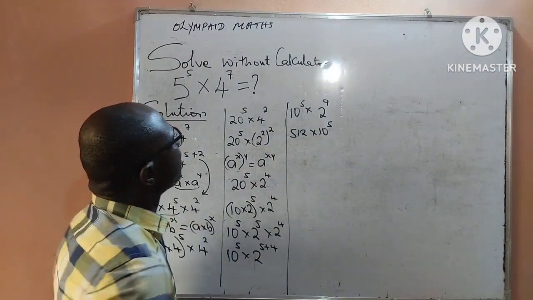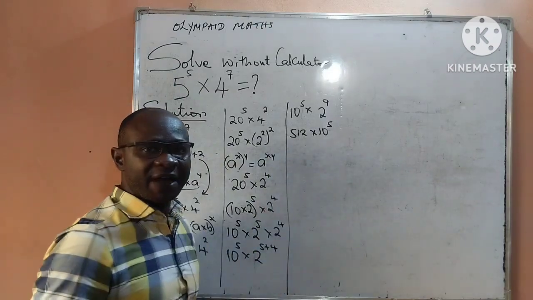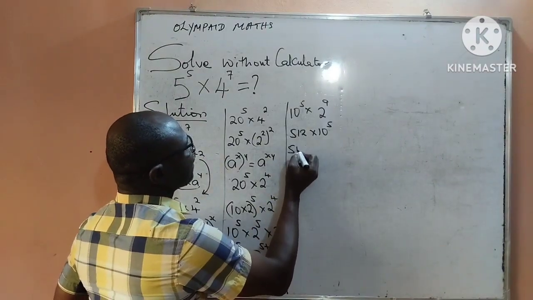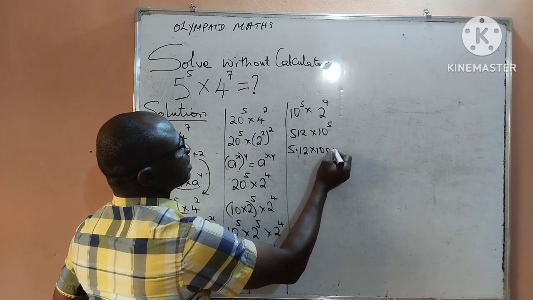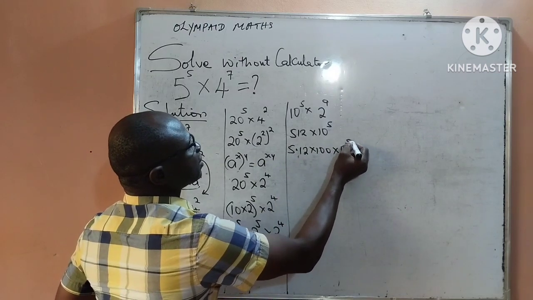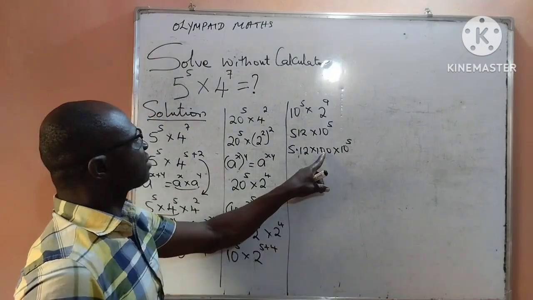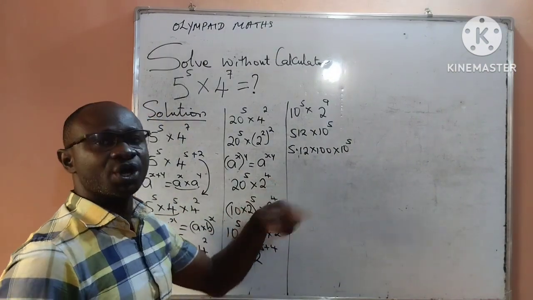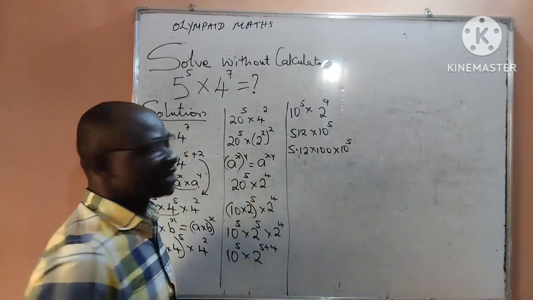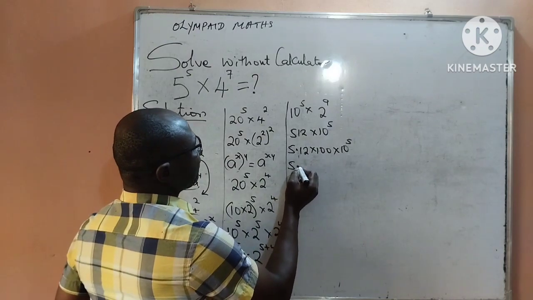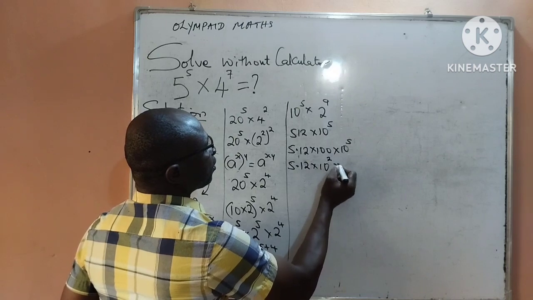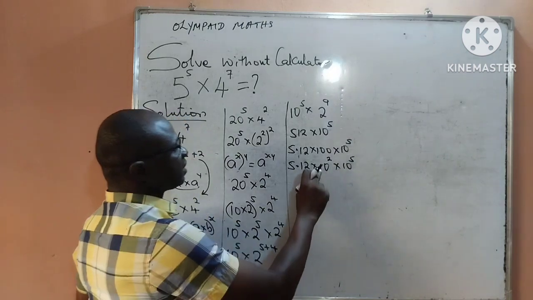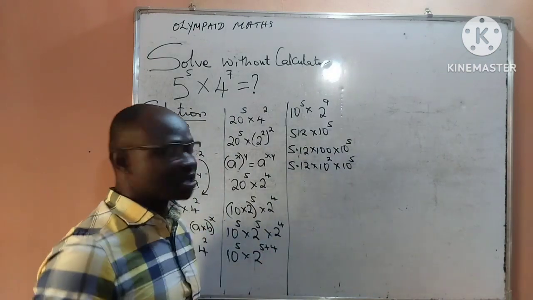Okay, moving forward, I can write 512 as 5.12 multiplied by 100, multiplied by 10 raised to the power 5. Because 100 multiplied by 5.12 will give me exactly 512, which means I have 5.12 multiplied by 10 raised to the power 2 multiplied by 10 raised to the power 5. 10 raised to the power 2 is the same thing as 100.